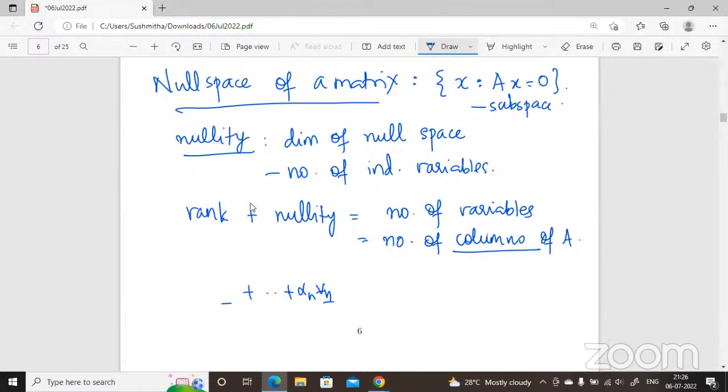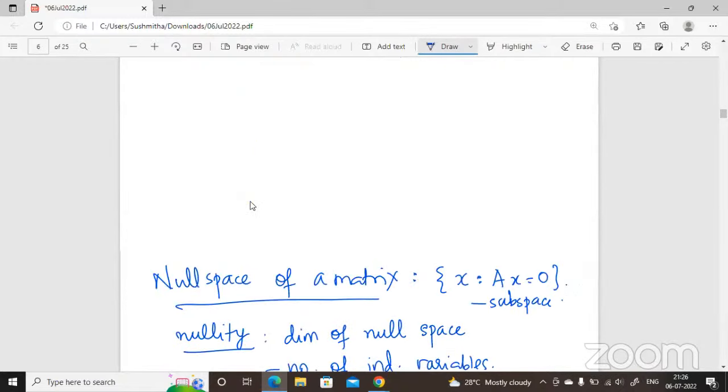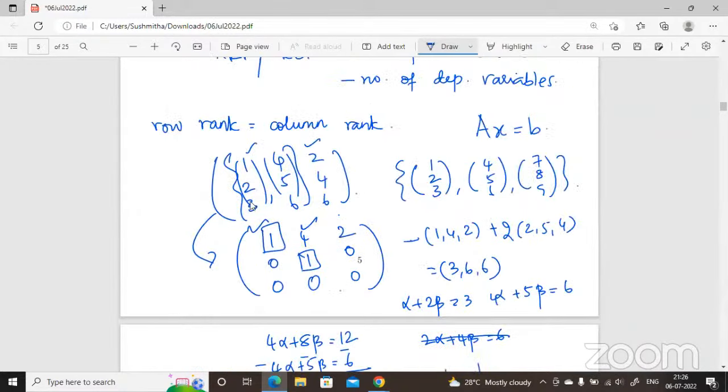Ma'am, I actually get confused about the null space. Can we do a little example so I can get through it? So let's take the matrix with rows 1, 2, 3; 4, 5, 6; 2, 4, 6. So we already know the rank is 2 for this matrix.